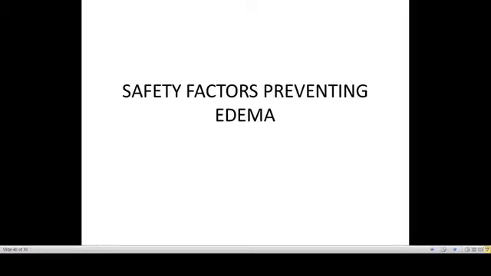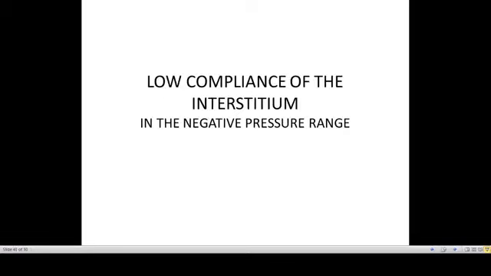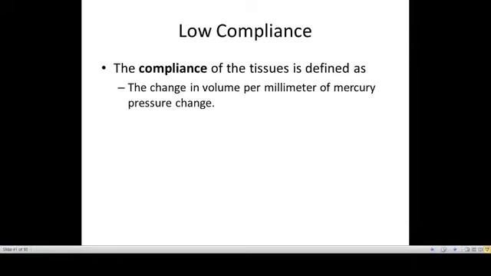There are a few safety factors preventing edema. The first factor is low compliance of the interstitium in the negative pressure range. The compliance of the tissue is defined as the change in volume per millimeter of mercury pressure change.